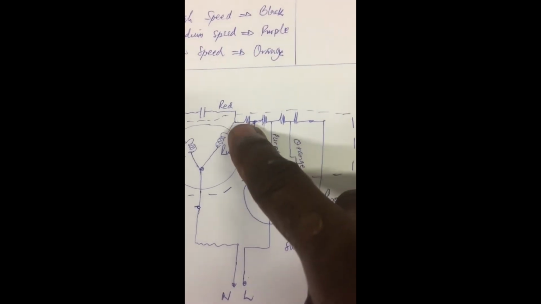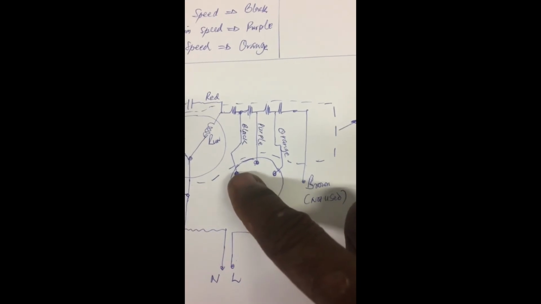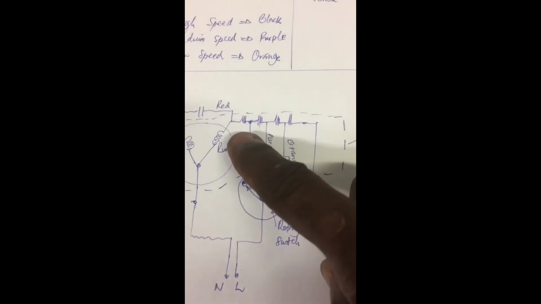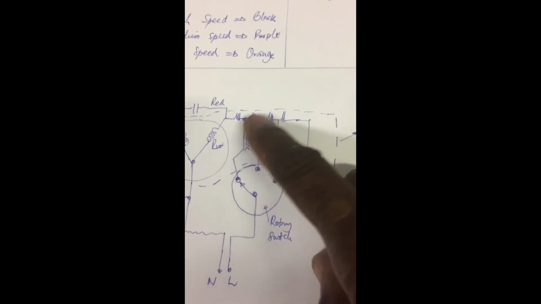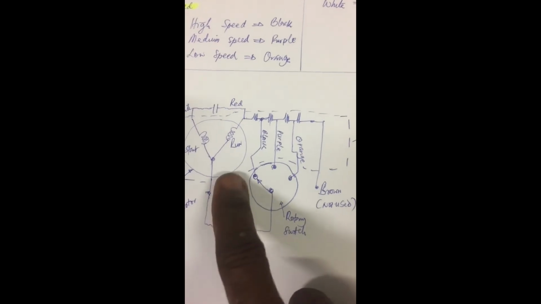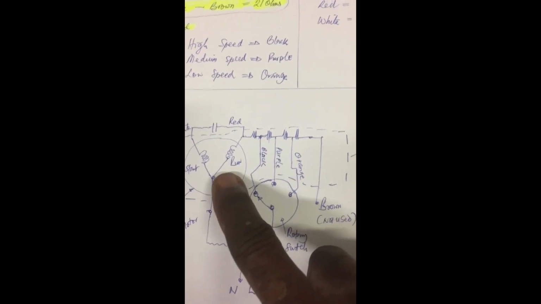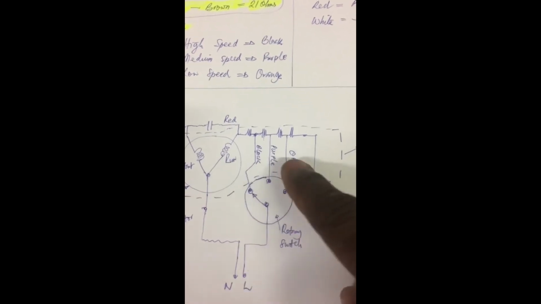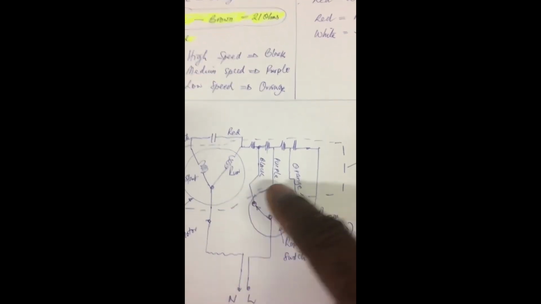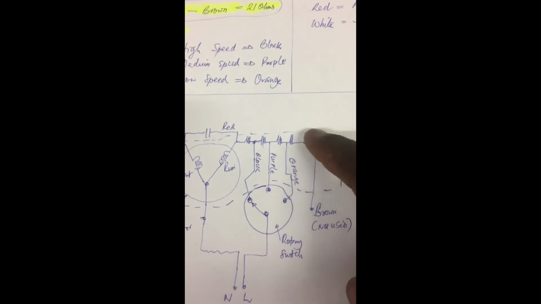That's why black has the least resistance. And then increasingly, if this rotary switch goes on to purple, this resistance is now in series with this one, thereby reducing the speed. The current that is now available at the motor will be lower, thereby making it a lower speed, or a medium speed compared to the black. And the same concept goes for orange.